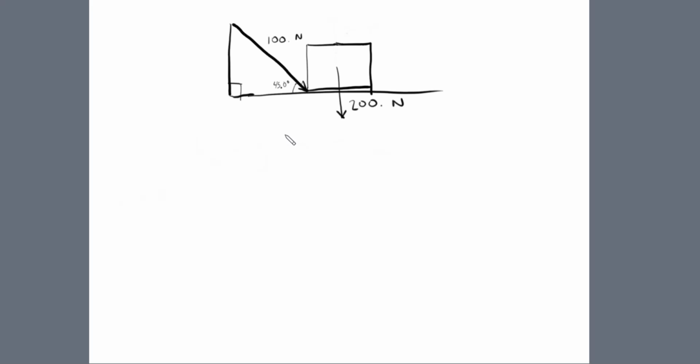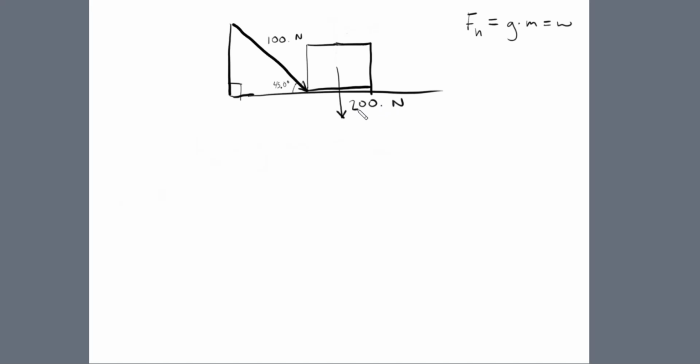So the first thing we can go ahead and do is remember that the force normal is equal to the acceleration due to gravity times the mass of an object, or the weight.